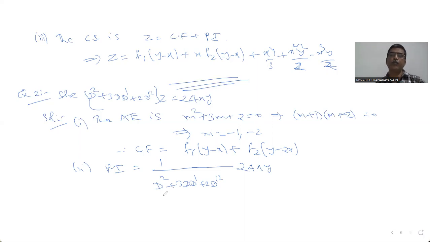So as usual, the maximum power of d is d square. Here directly we can take out d square as common, or we can do one more thing also. We can express the product and do partial fractions, and then we can get two different simple terms. We'll do that model for this problem so that you can understand. So we can factorize this as d plus d dash into d plus 2d dash.